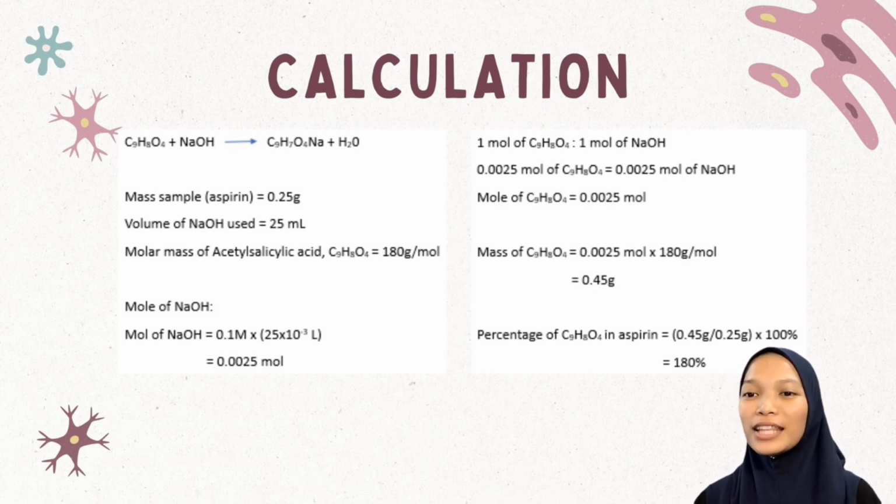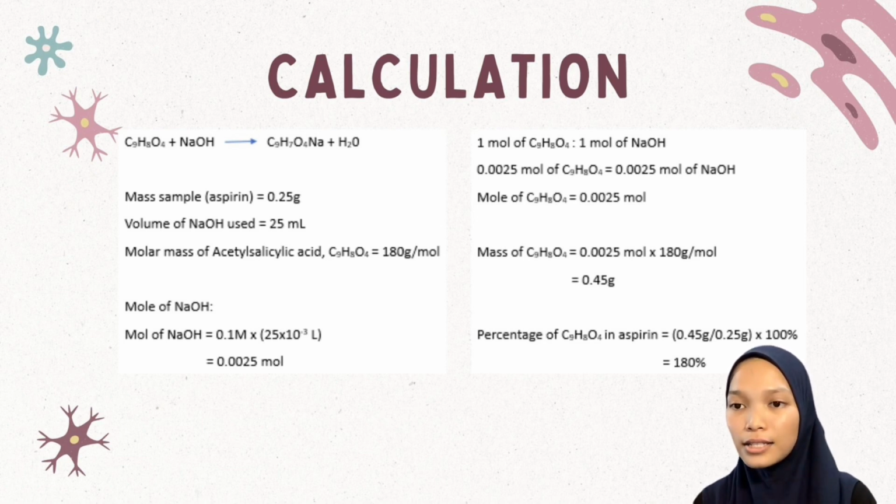Next, we have to find the mass of acetyl salicylic acid. To find the mass of acetyl salicylic acid, we have to multiply the mole with the molar mass, so we get 0.0025 mole times 180 gram per mole, and the answer for mass is 0.45 gram.